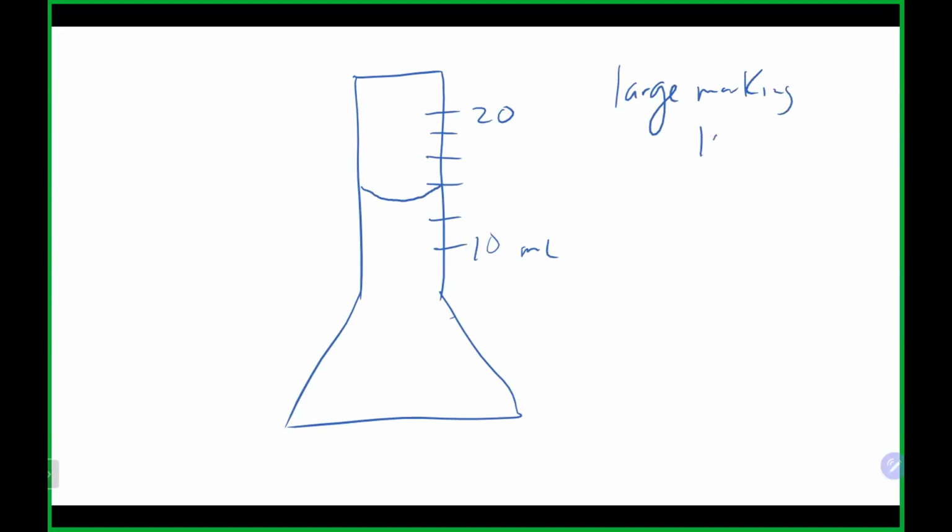It does represent 10 milliliters. We got 20 and 10, right? The difference there. Now, when we look at our smaller markings, we got 1, 2, 3, 4, and only 5 in this case. That means the smallest markings in this one means 2 milliliters. If we take 10 divided by 2, that gives us small markings is 2 milliliters.